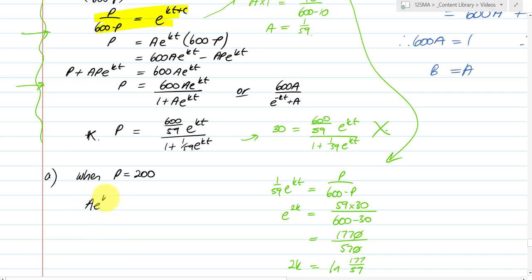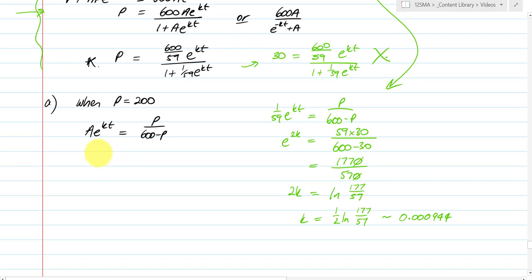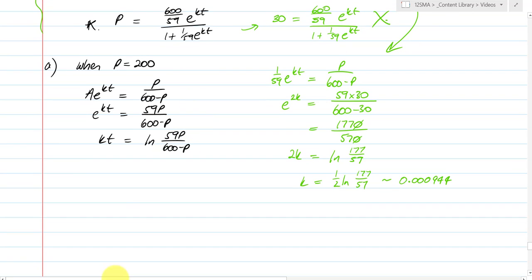So I get a e to the kt is equal to p over 600 minus p, and I've rearranged this a little bit, so I get e to the kt equals 59p over 600 minus p. That gives me kt equals log of 59p over 600 minus p, and that gives me t equals 1 over k times log of 59p over 600 minus p.